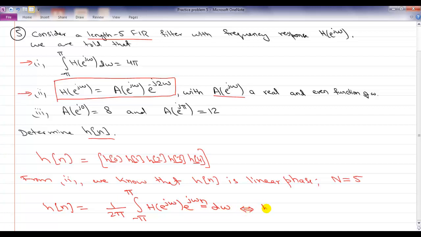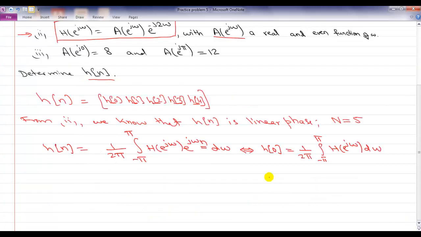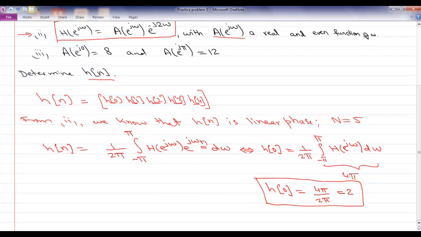So this means that h[0] is simply equal to 1 over 2 pi times the integral from minus pi to pi of H(e^jω) dω. Now you are given this quantity. This is given to be 4 pi. So I get h[0] equal to 4 pi over 2 pi, that is equal to 2. So I've determined at least the first coefficient of my impulse response.